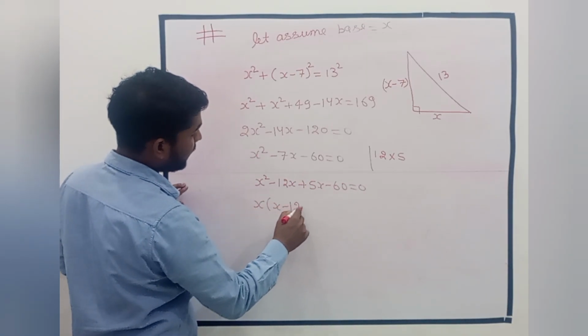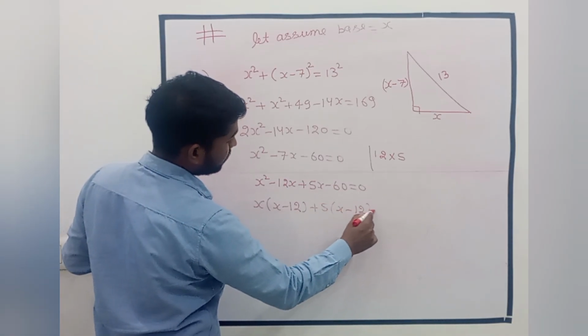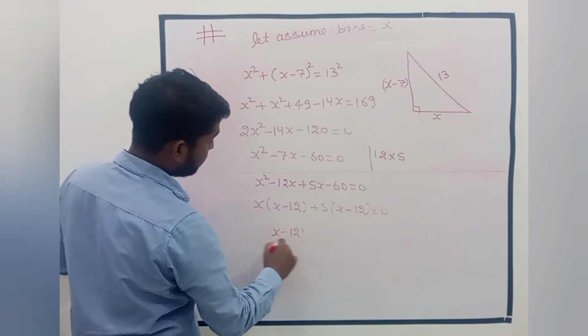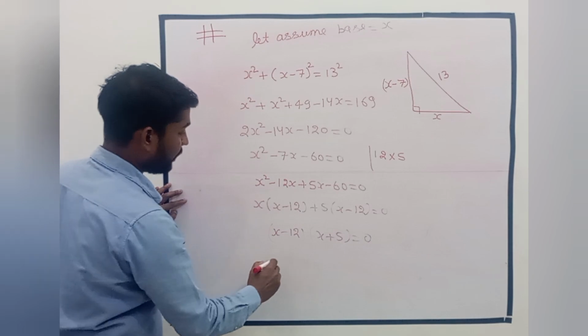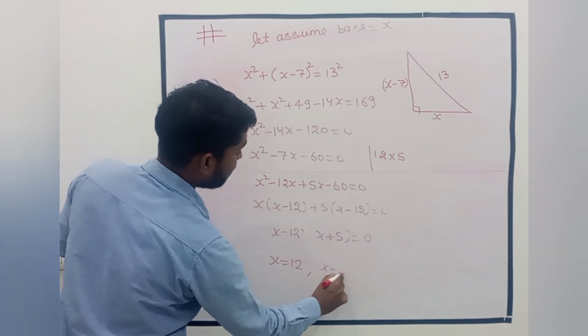We take x common from here and 5 from here, and from here the value of x is equal to 12 and x equal to minus 5.